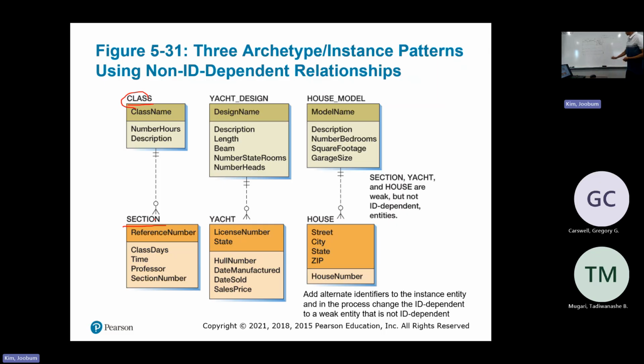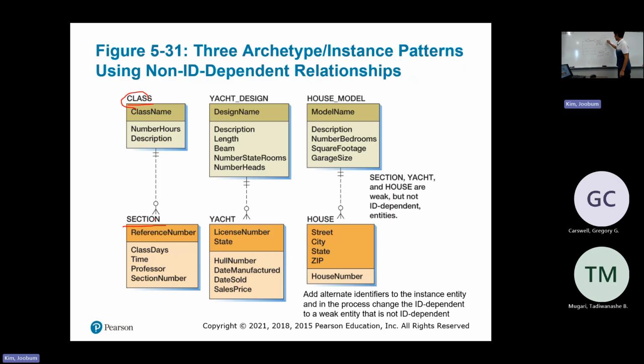We have just section numbers 01 and 02. What does that mean? We don't know which class they belong to.